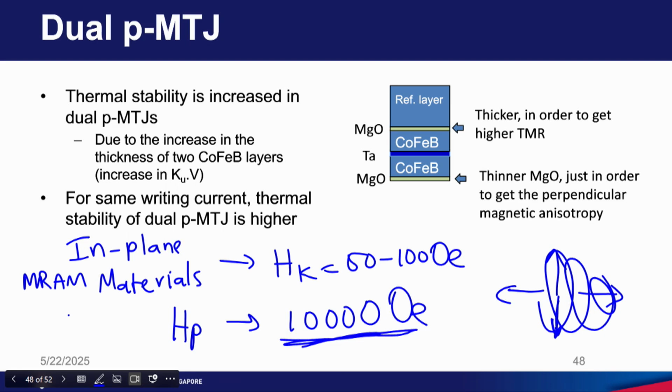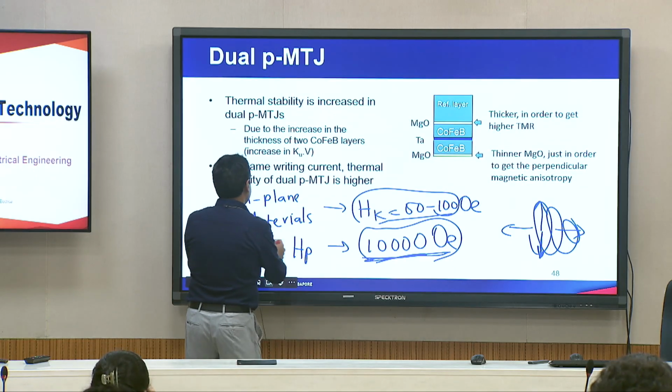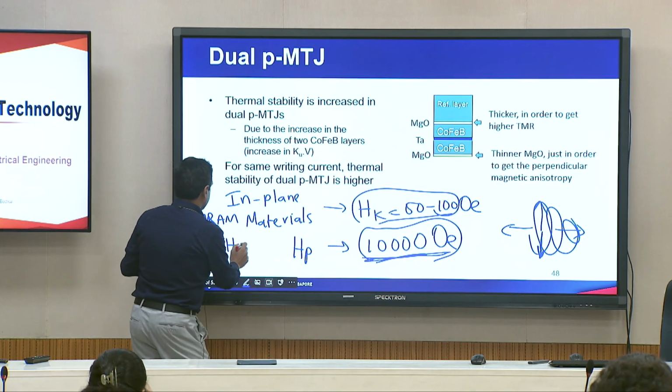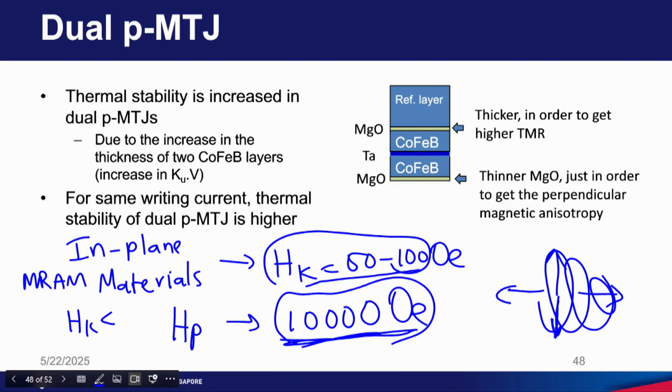So you see the difference. Anisotropy field is only 100 Oersted and you are applying a 10,000 Oersted kind of field to switch. So this is the difference. Your HK and HP are quite different in in-plane MRAM materials.